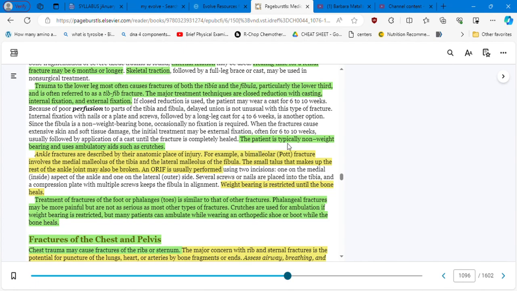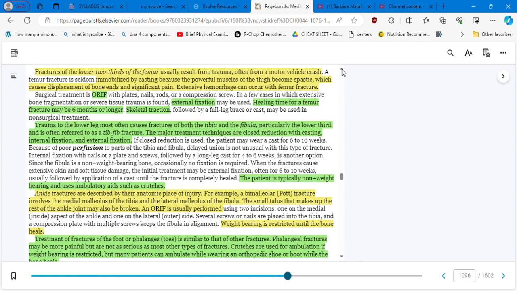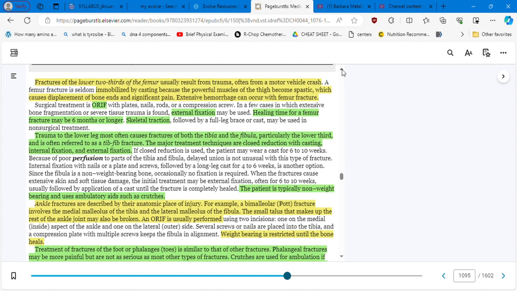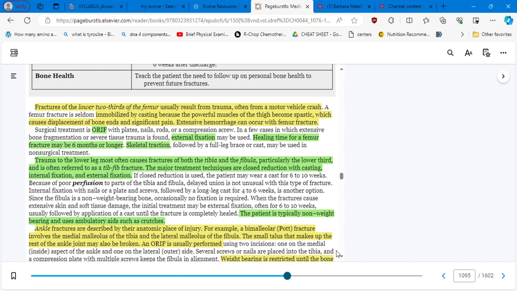The patient is typically non-weight bearing and uses ambulatory aids such as crutches. So they are giving us a list of different types of fractures and trauma. We were analyzing the lower two-thirds of the femur, and then trauma to the lower leg.